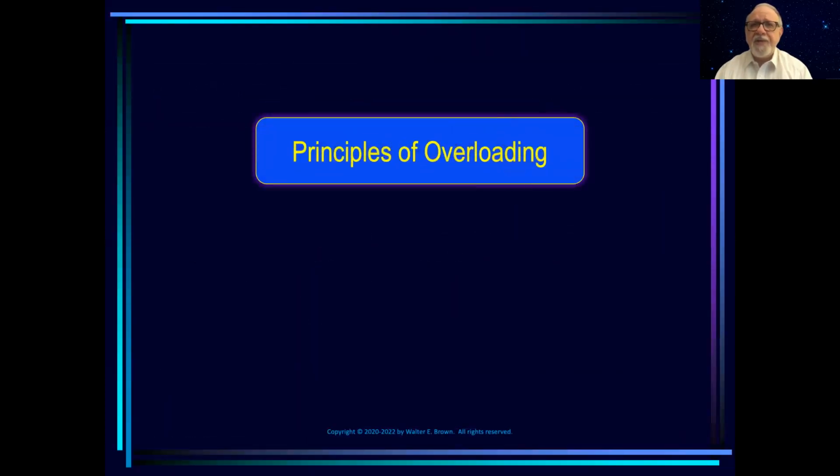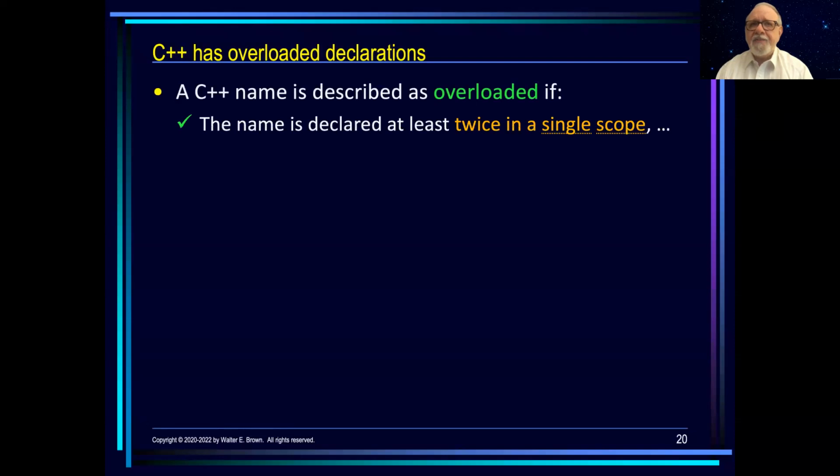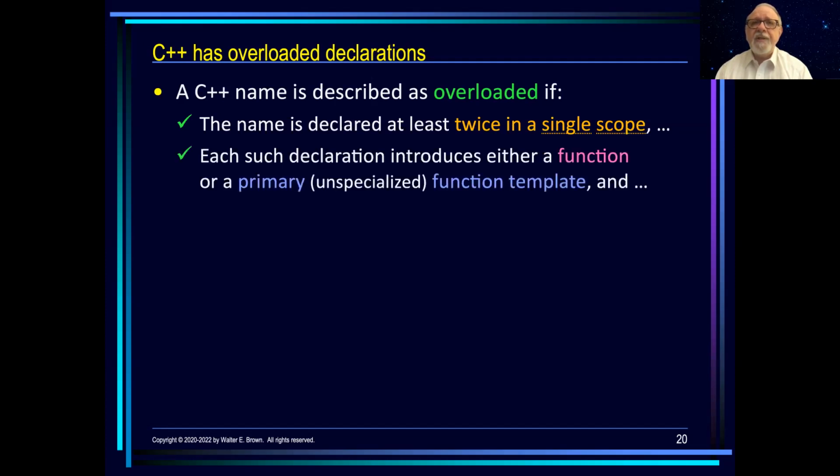So what are some of these underlying principles? Well, what C++ has are overloaded declarations. And a C++ name is described as overloaded if it meets three conditions. First, the name is declared at least twice in a single scope.